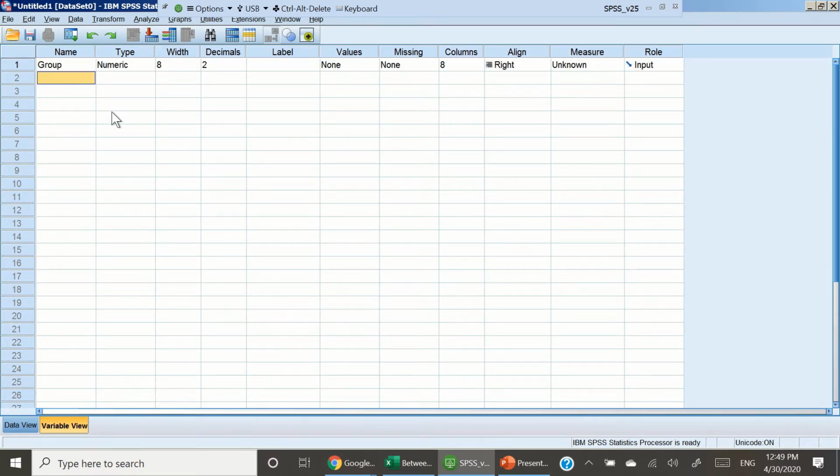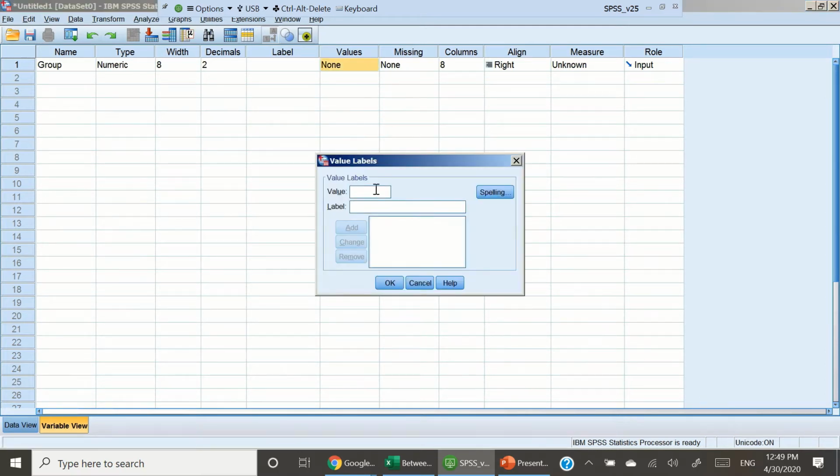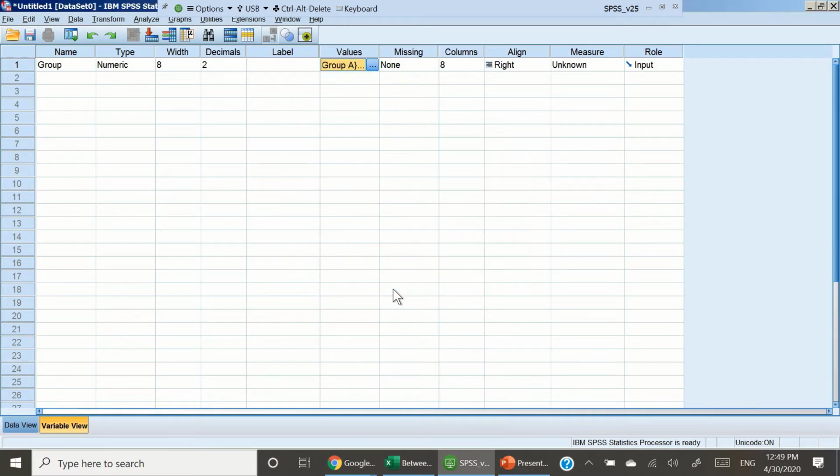Then in values, enter a value of 1 with the label group A, value 2 is group B, value 3 is group C, and value 4 is group D. Add, and then click OK.